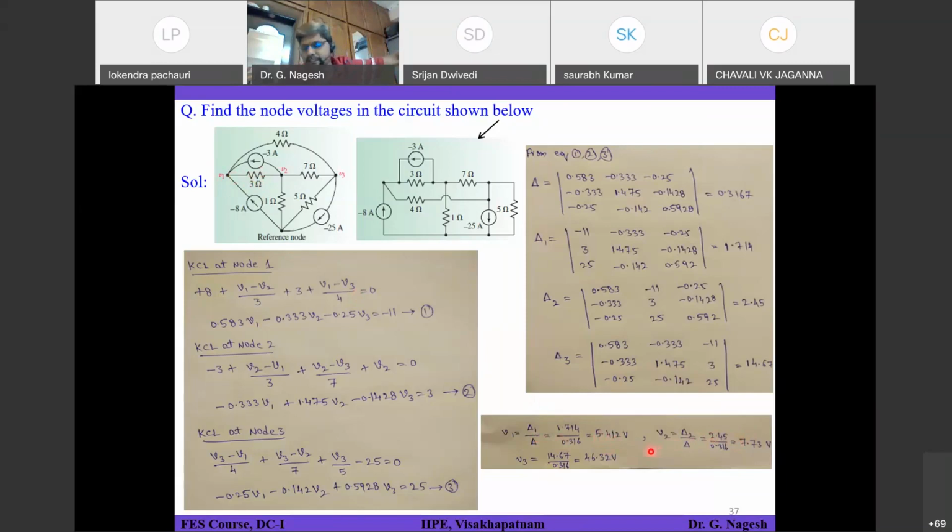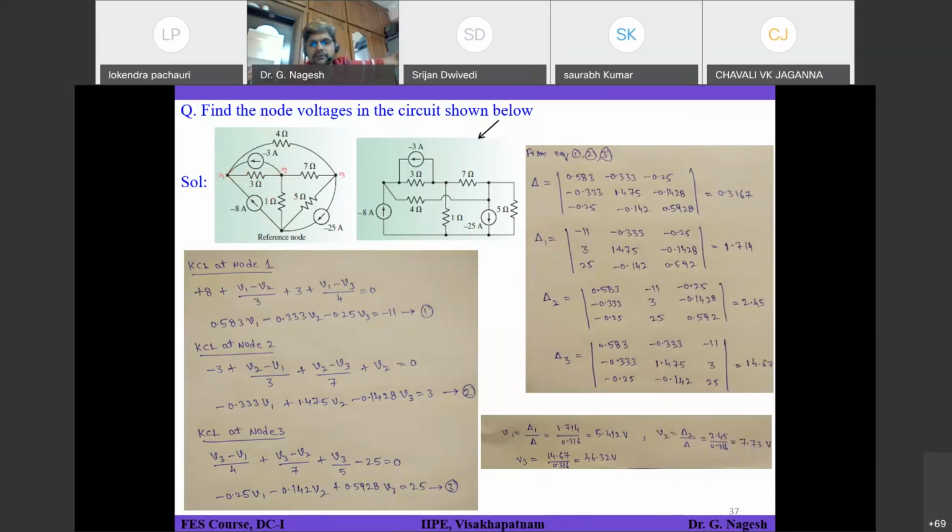So it will be some negative value. Let's call that negative value minus x. So minus x is the current flowing in this direction, that means V1 to V2. So plus x is the current flowing from V2 to V1.